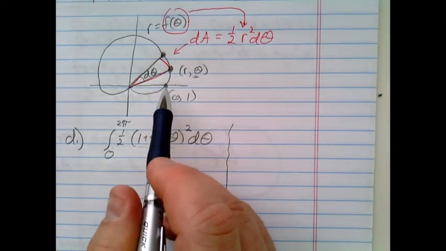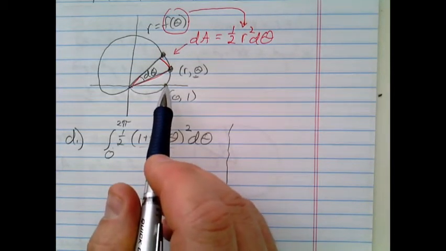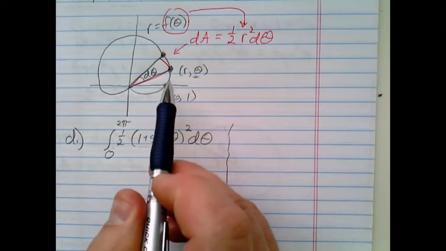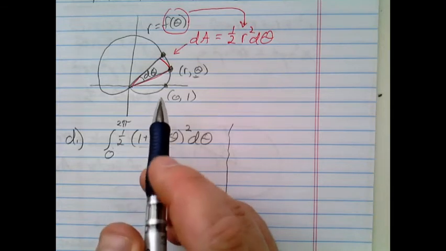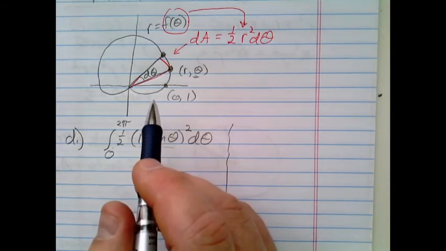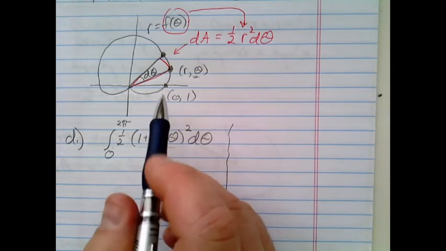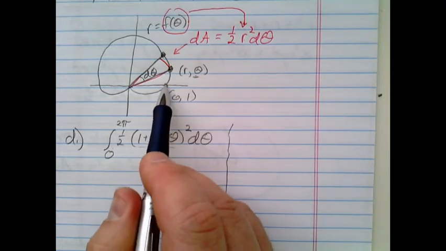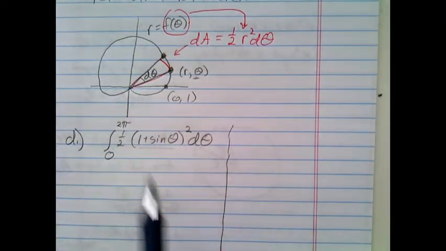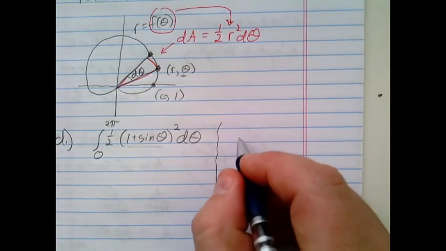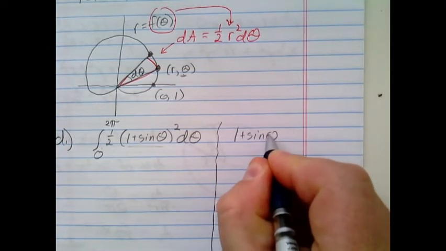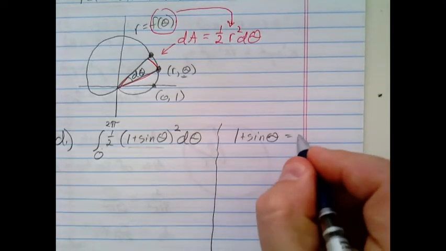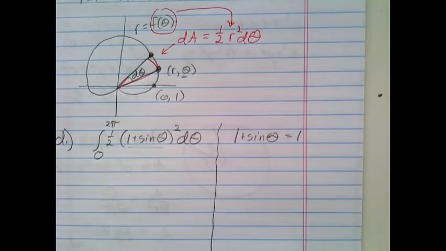So what we could do is figure out what angles take us to the same point. If the next possible angle that does it is 2 pi, then we know we need to go all the way to 2 pi to return to this point. The curve isn't complete until we get back. So we're going to take our function 1 plus sine theta and set it equal to 1.